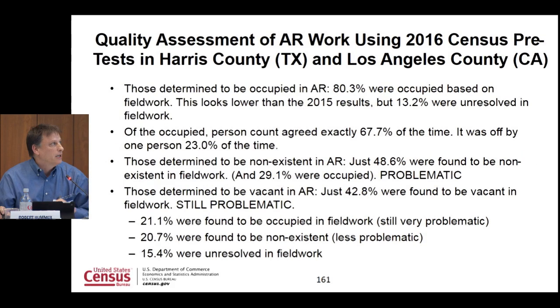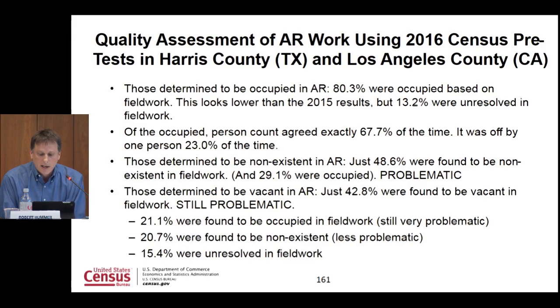So they did a test in 2016 in Harris County and Los Angeles County. Again, the occupied households turned out to be pretty good. 80% were actually occupied when you did this actual 1 in 5 test. There were some unresolved. I'm not sure what that meant, but I assume that the 80% probably would have gone even higher, closer to the 90 if you did something similar as in 2015.